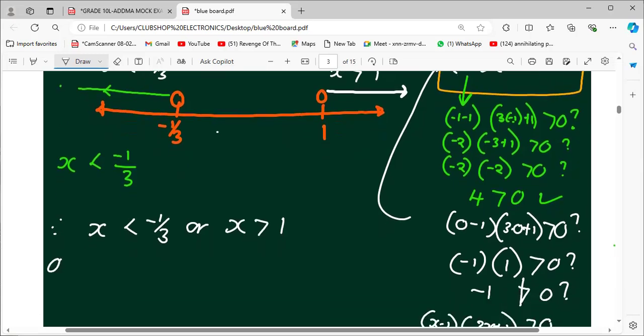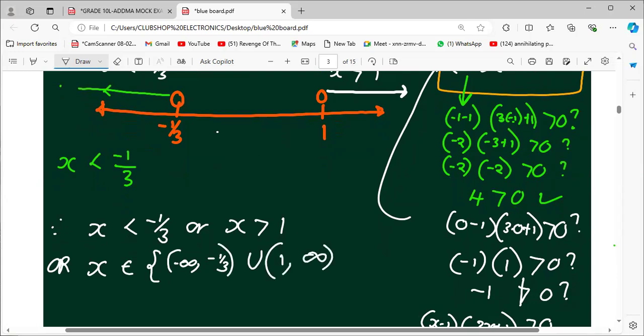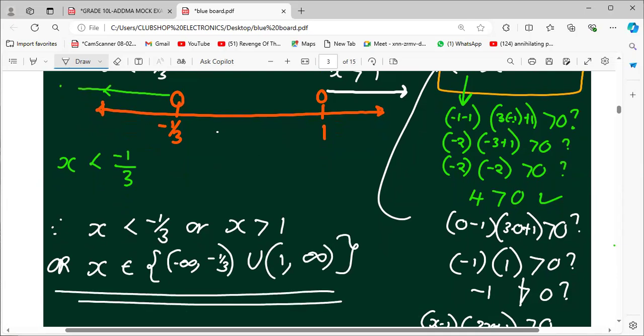Or you can say x belongs to the set of negative infinity, comma, negative 1 over 3, union 1, comma, positive infinity. This is the solution.